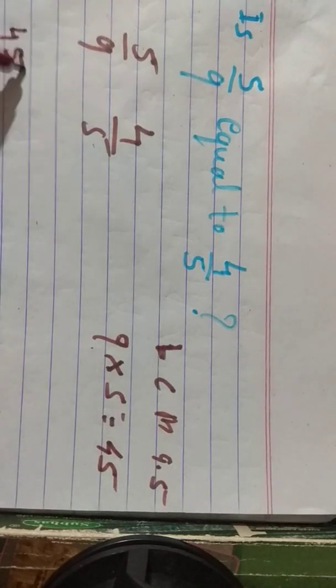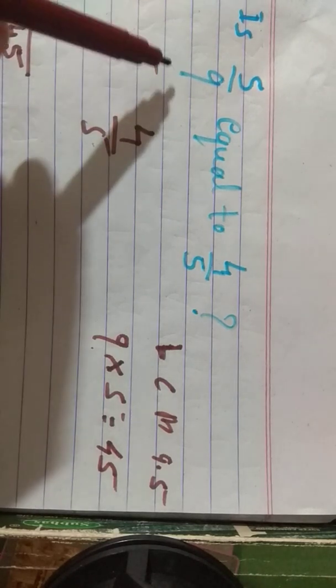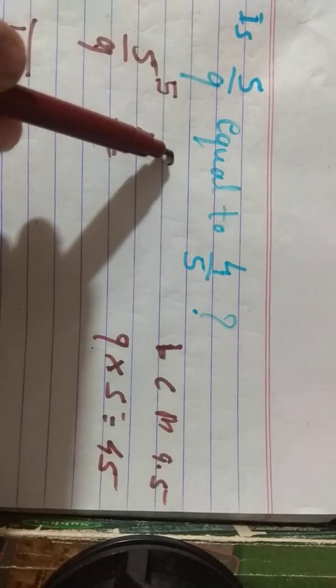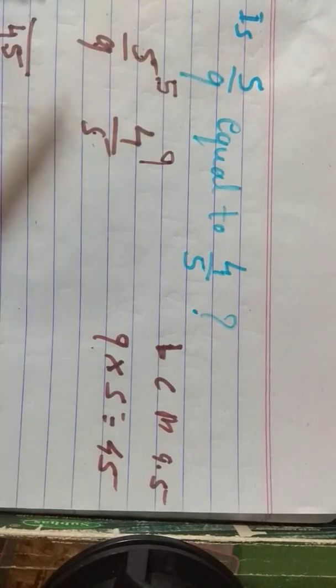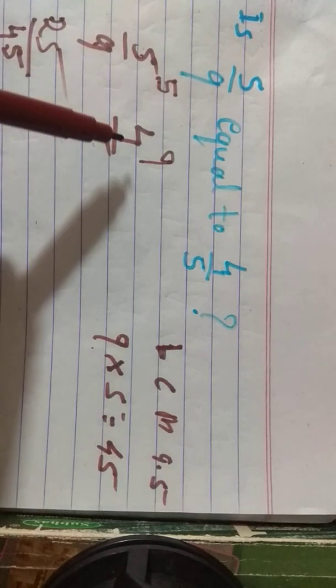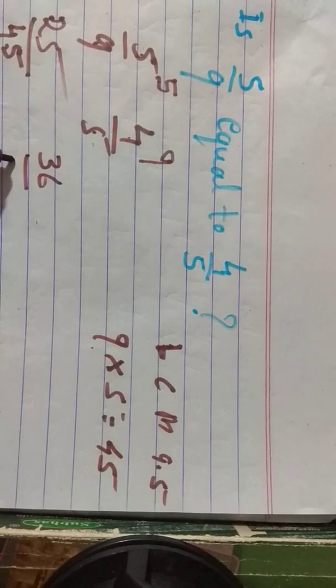So let us write the 45 as the denominator. Now 9 into how much is 45? 9 5s are 45. Then 5 9s are 45, 5 5s are 25. And next one 9 4s are 36 upon 45. Now we have same denominator.